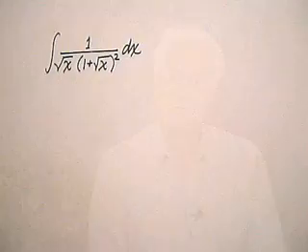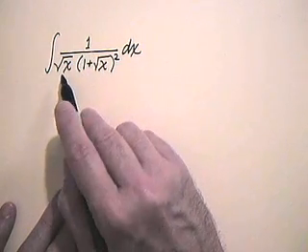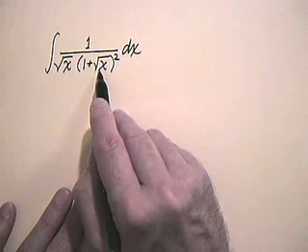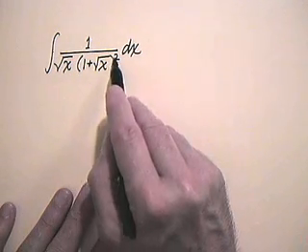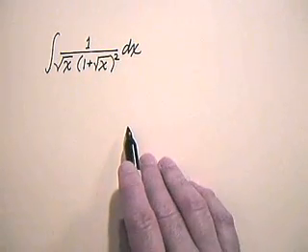Let's work an indefinite integral using the substitution rule. Here I have the indefinite integral of 1 over square root of x multiplied by the quantity 1 plus square root x, quantity squared, everything there in the denominator.